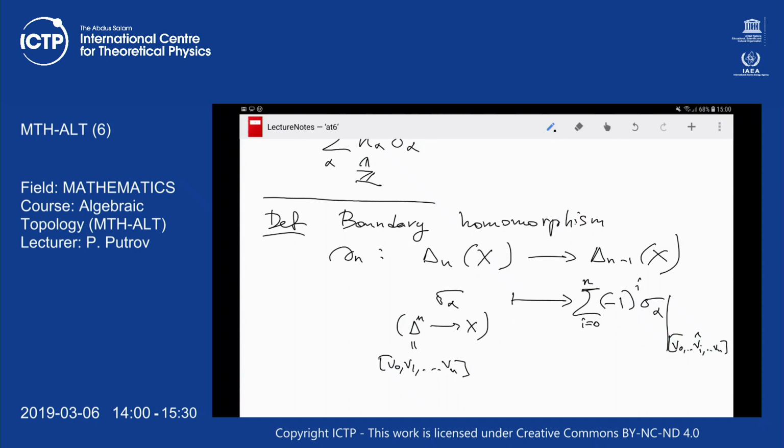And of course, by the construction of our delta complex structure, this can be understood as a map from delta n minus 1 to X. So indeed, on the right hand side we get an element of this abelian group.